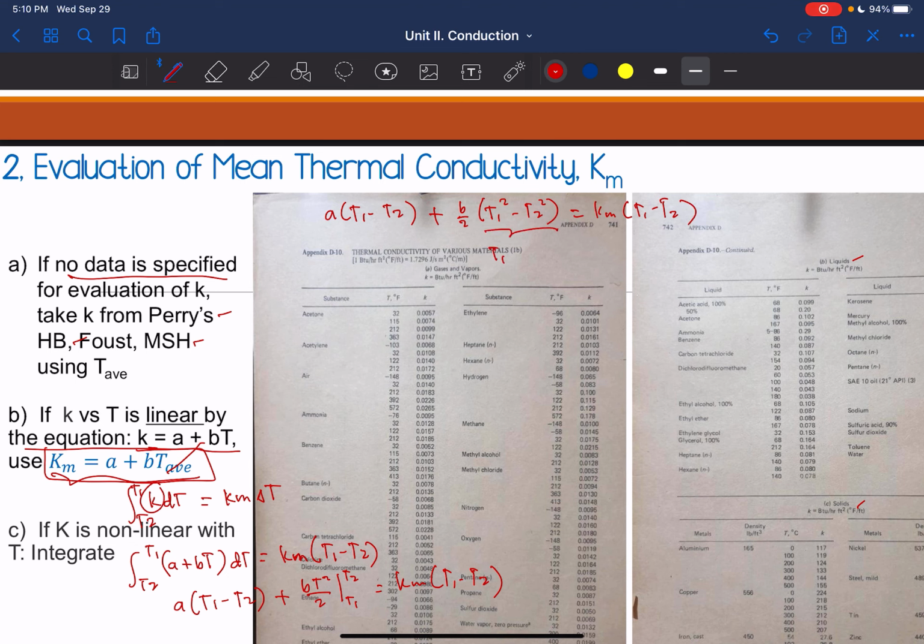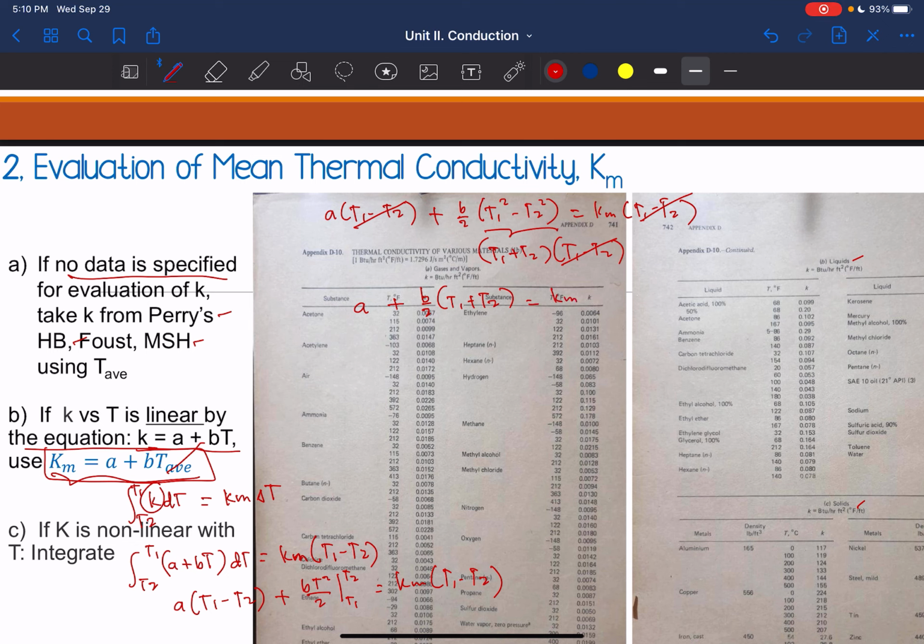This is actually (T1 plus T2) times (T1 minus T2). Therefore, I could cancel out T1 minus T2 because they are all factors. So I would all be left with A plus B over 2 times (T1 plus T2) equal to Km.